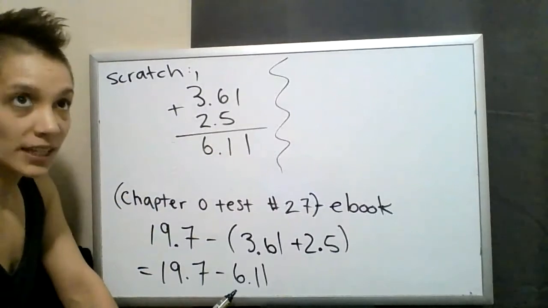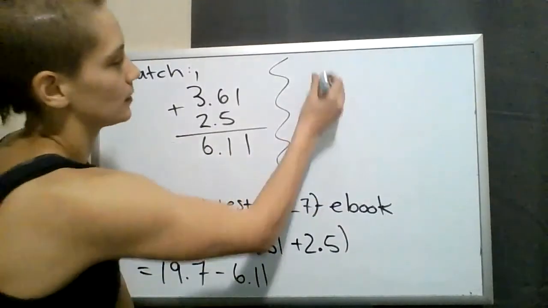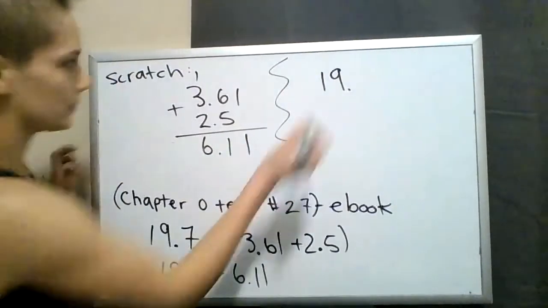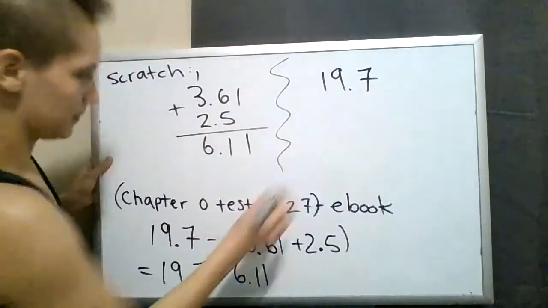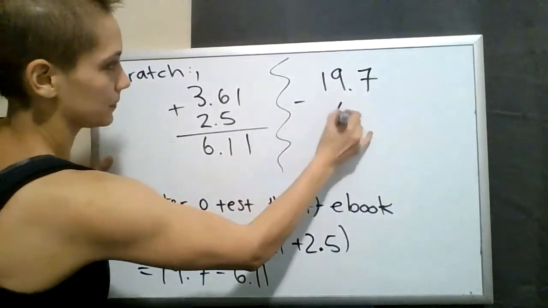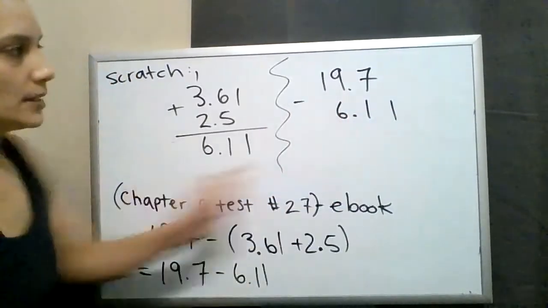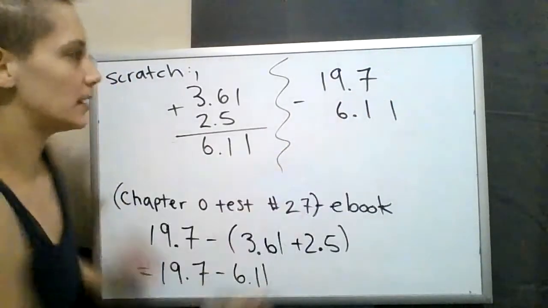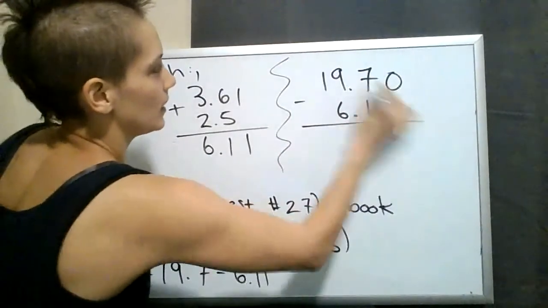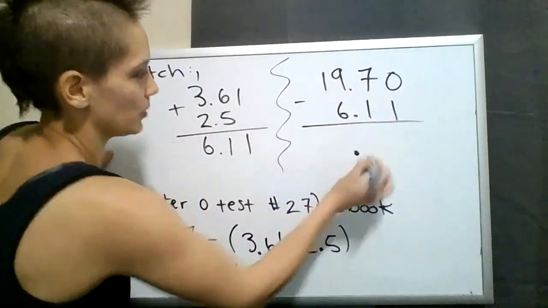19.7 minus 6.11. Put a placeholder here. You can put a 0 after the 7. I'll go ahead and carry down that decimal place right away.